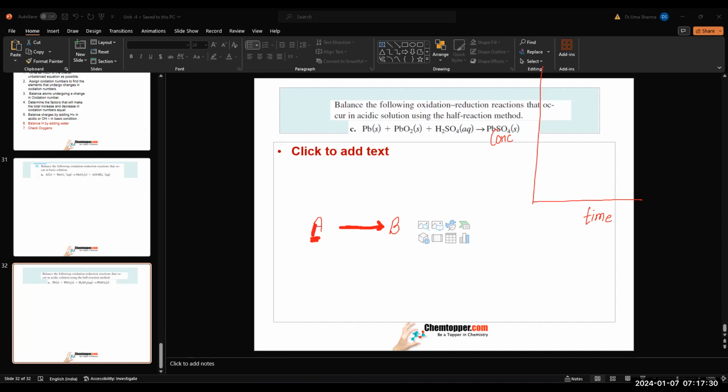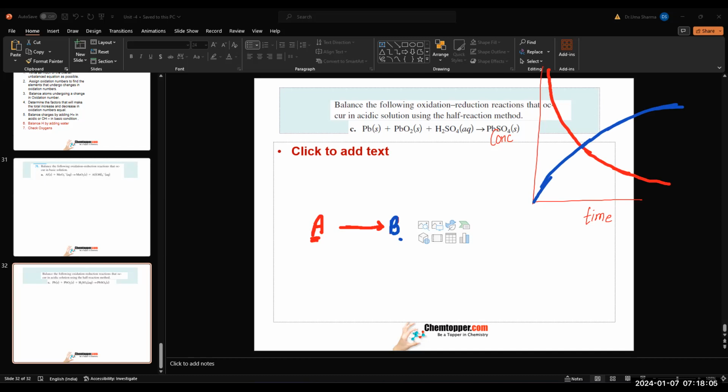A is the reactant. It's decreasing. Very good, Isabella. So I'm going to draw it like this, decreasing, right? And what is happening to the concentration of B with time? Concentration of B is increasing. B is the product. As A decreases, B increases. Correct?